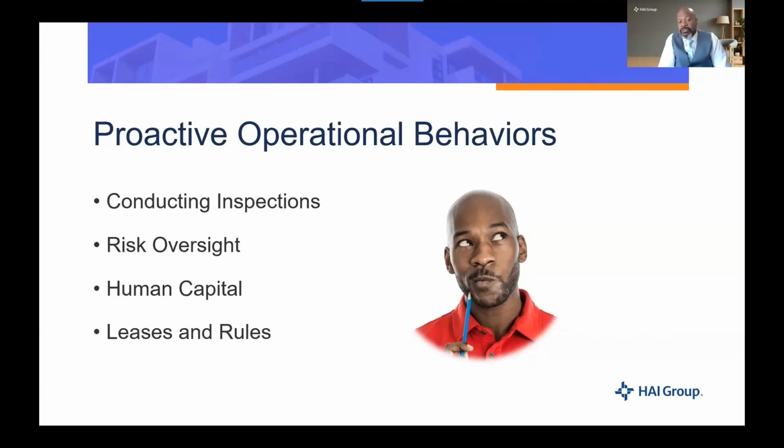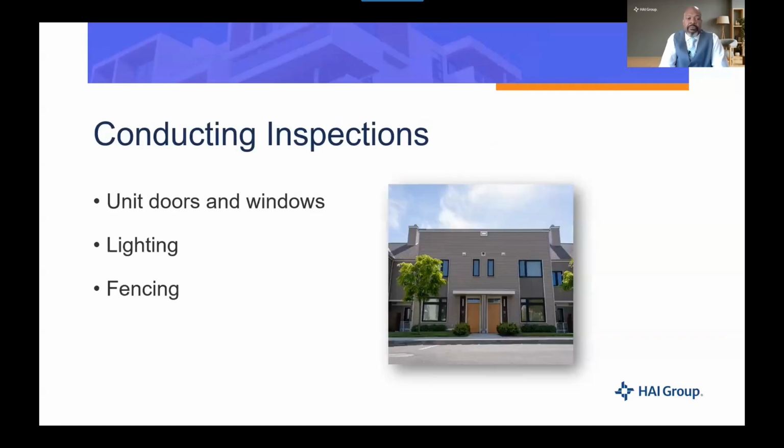We want to make sure there's oversight in place, someone or an entity or a group that will take a look at things. We need to be aware of what human capital is involved, basically what people are involved. We also want to look at the leases and rules for the locations, properties, and sites that we're overseeing, and we're concerned with what security looks like in those particular locations.